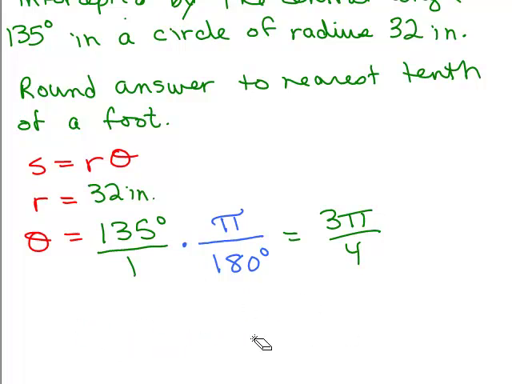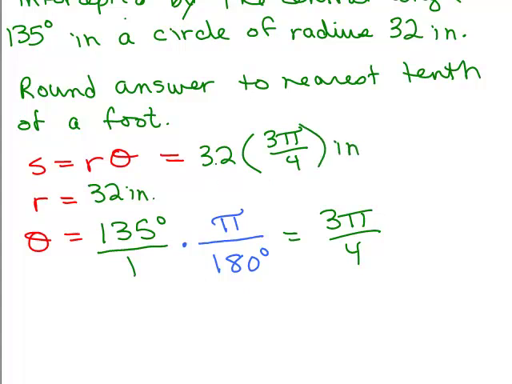That's basic arithmetic. But I did get rid of the degrees, and I do now have theta in radians, so now I can use this formula. The formula says it's going to be the radius, 32 inches, and I'm going to write that as just 32, leave off the inches, times 3 pi over 4, and my answer will be in inches because that goes with that 32.